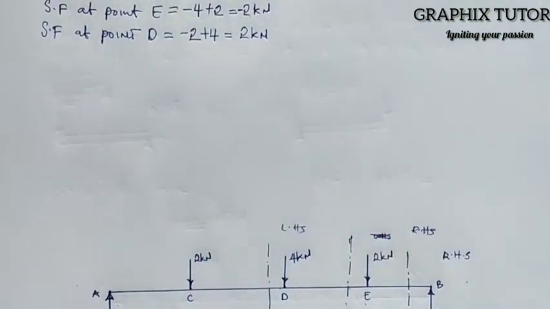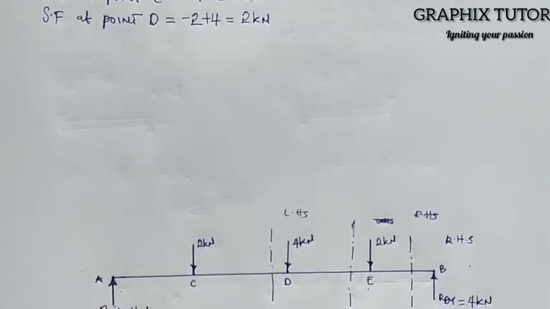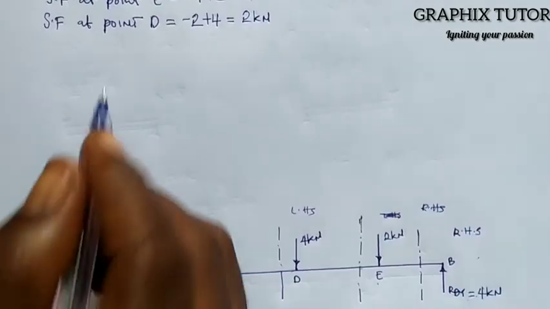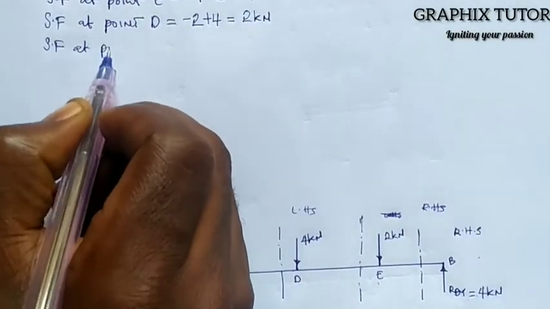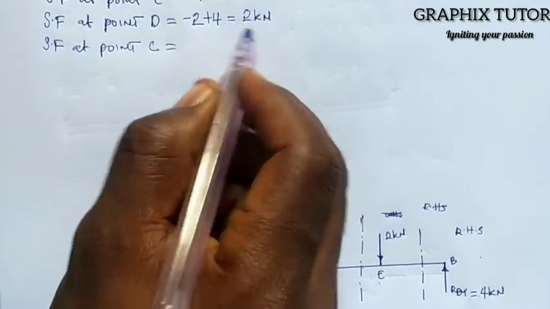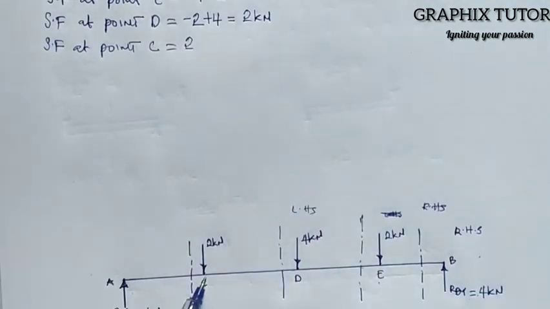Now the next thing we'll do is we are going to section at C also. We'll section every point of it. So shear force at C, I want to look for now. The last value we have here is what? 2. I'll write down my 2. Now the new introduced force is what?